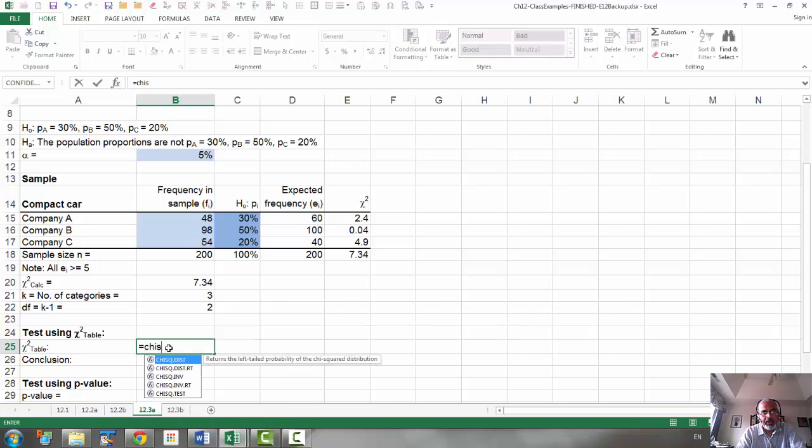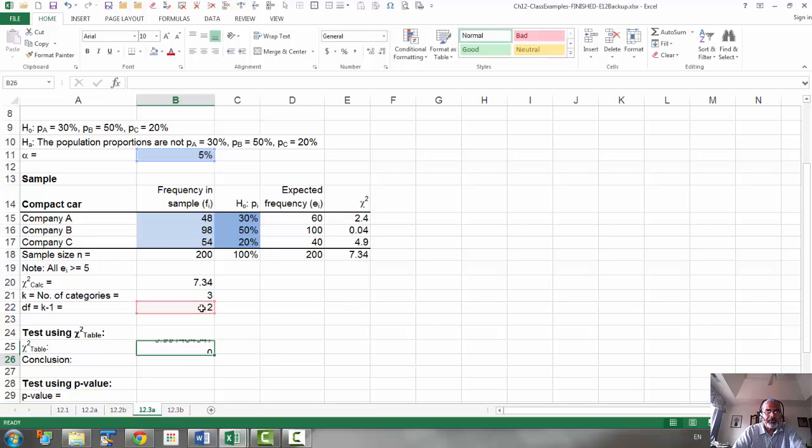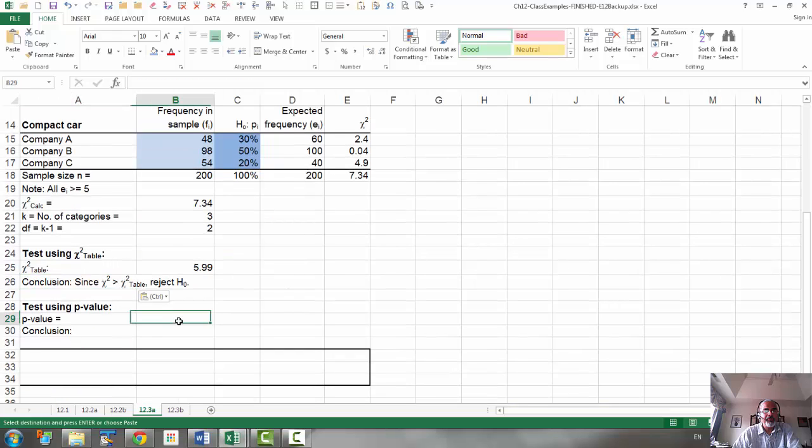So that will be chi-squared.inv.rt, alpha and the degrees of freedom, and if the calculated value is greater than the table value, then we reject, and in this case it is, so we reject. Okay, reject H0.